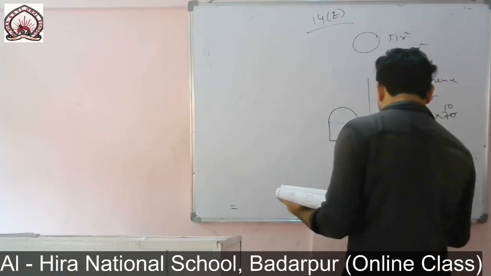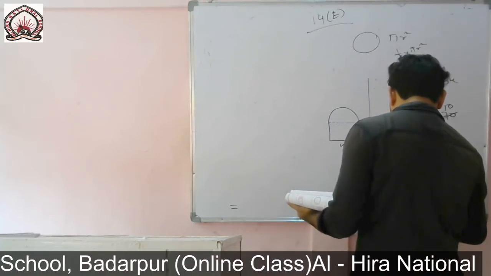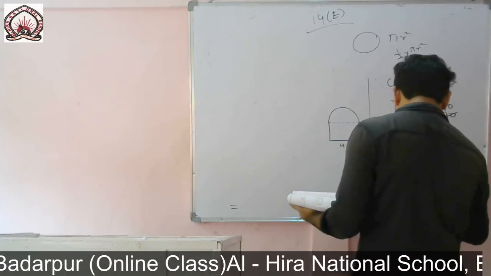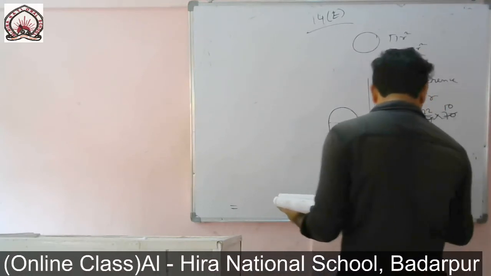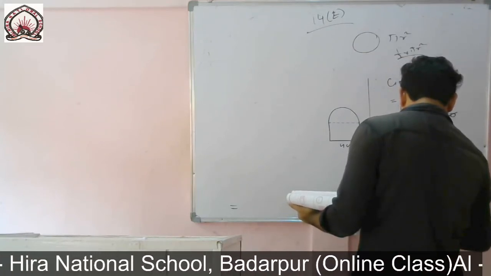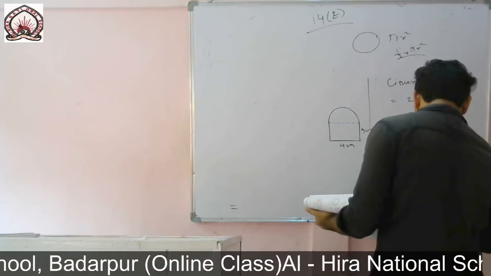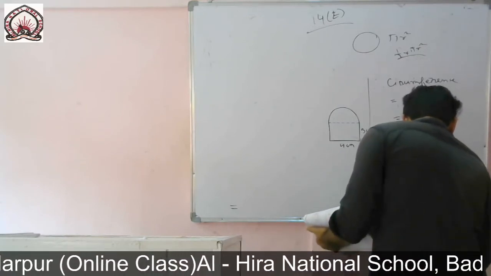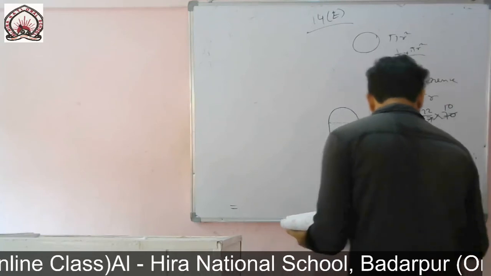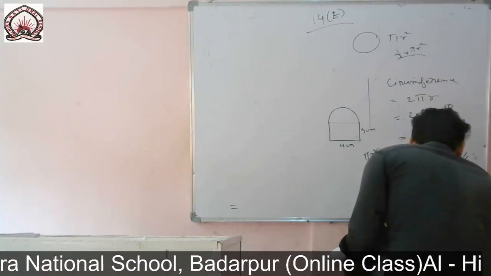Then half into 22 by 7 into 2 into 2. We are getting cancel. Now 44 by 7 plus 12 minus 4, 44 by 7 plus 8.